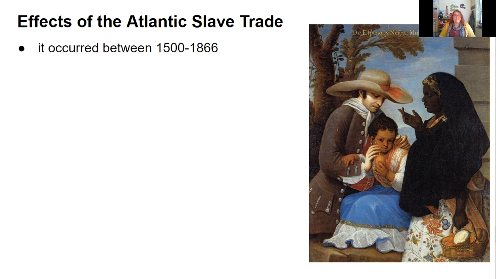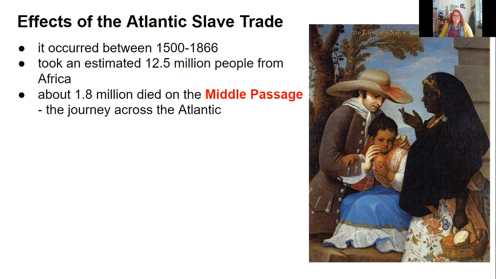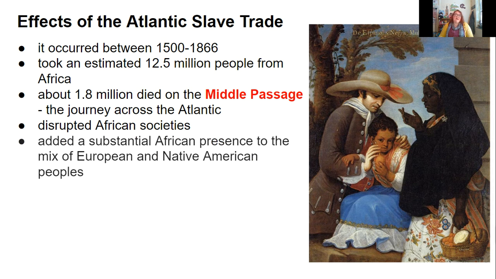So what were the effects? Well, we know that it occurred for over 300 years, and it took an estimated 12.5 million people from Africa. About 1.8 million died in the Middle Passage. It disrupted African societies, decimating them for centuries.